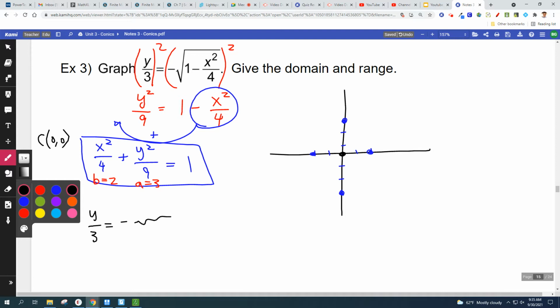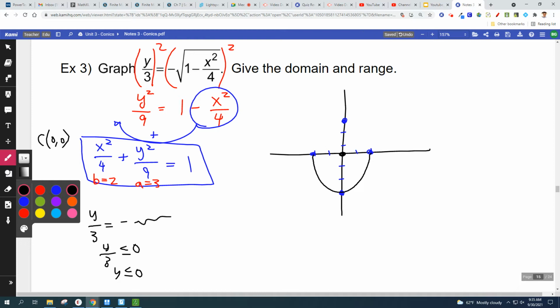We are definitely going to be, y over 3 is definitely going to be less than or equal 0. So if you multiply by 3, you can see that y is less than or equal 0. Instead of taking the whole ellipse, you're only really drawing the bottom half of the ellipse, which is kind of weird. It doesn't want the top half.